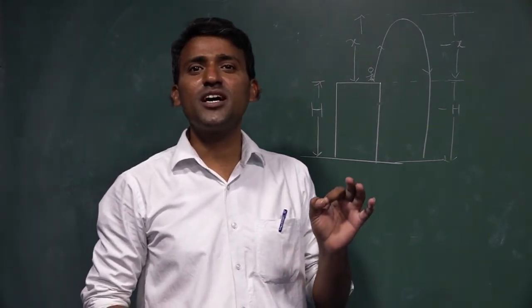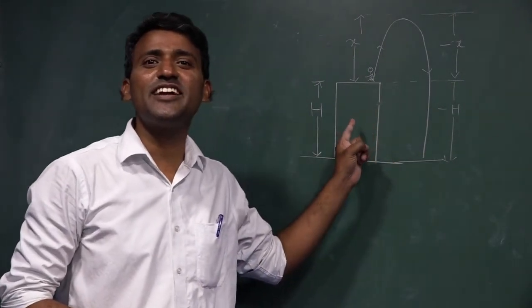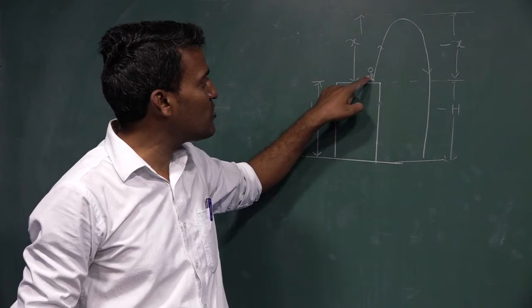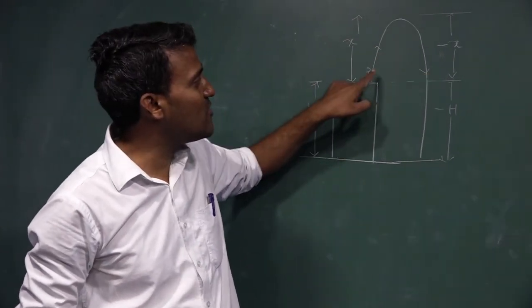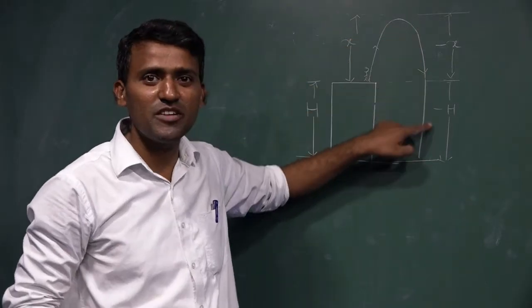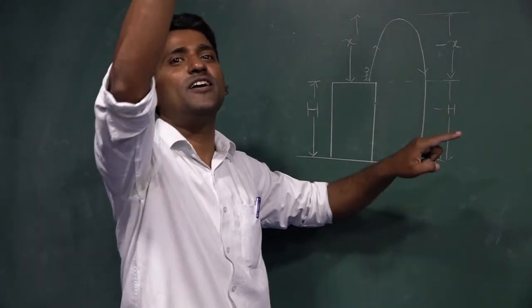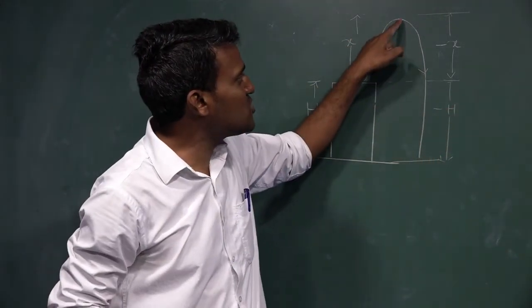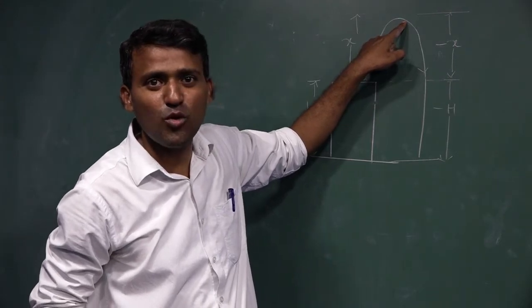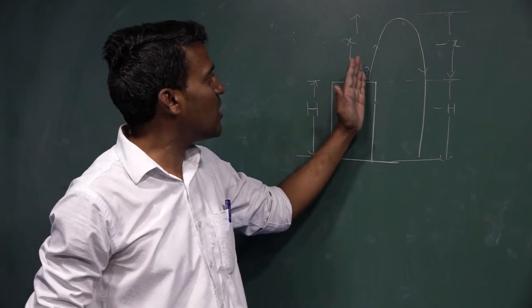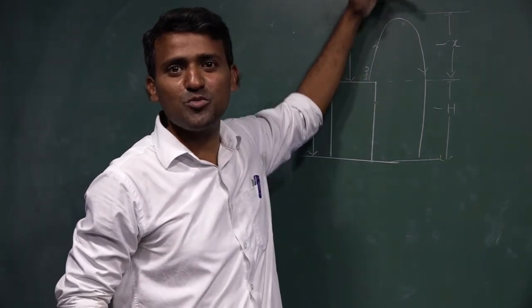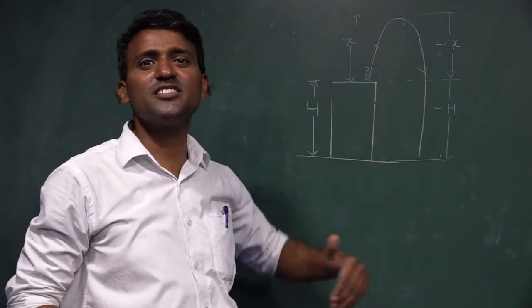Displacement is a vector quantity. It changes direction. See here, from here to here is the positive direction, and the velocity changes direction every time. When the object is projected upward, this direction is positive. If you consider one direction positive, the opposite direction we have to consider negative. So if you consider upward as positive, downward we consider as negative.